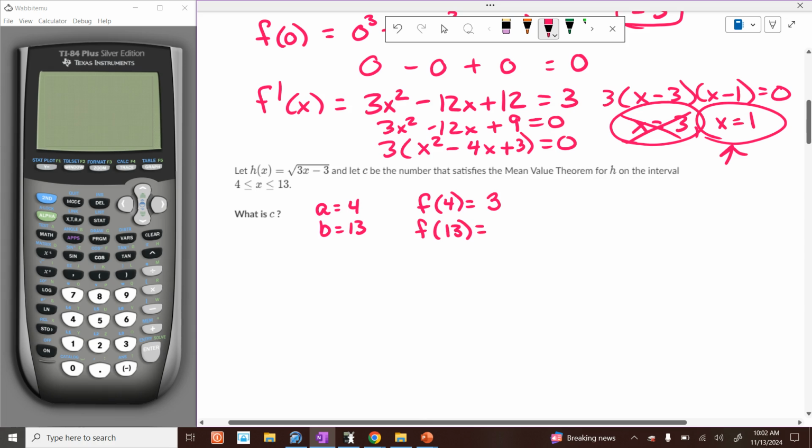The square root of 36 is 6. So the slope is 6 minus 3 over 13 minus 4, which is 3 over 9, which is 1/3. So that's the slope. So then what do we do next?